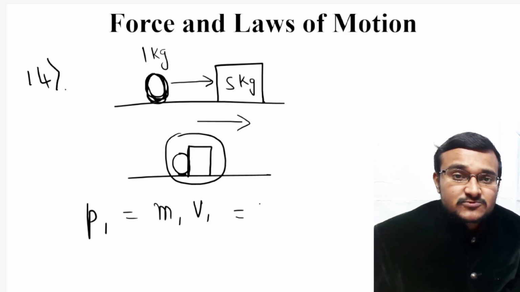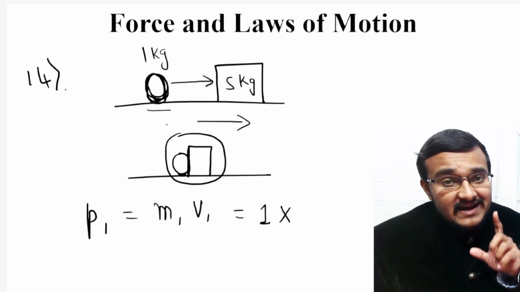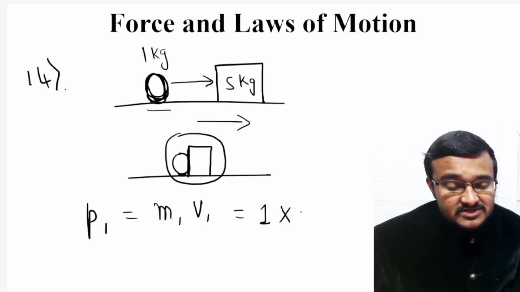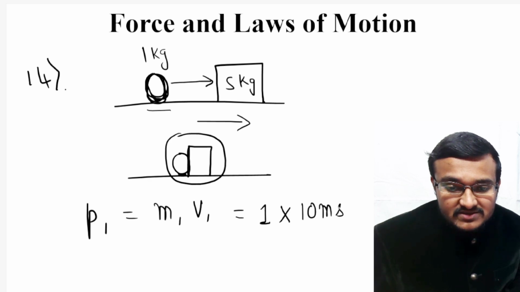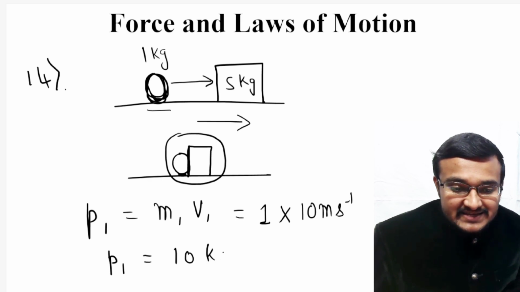So what is the mass 1 here? Mass 1, that is m1, is equal to 1 kg and this particular 1 kg object is traveling at 10 meter per second. So its initial velocity is 10 meter per second. So the initial momentum will be equal to 1 into 10, that is 10 kg meter per second.